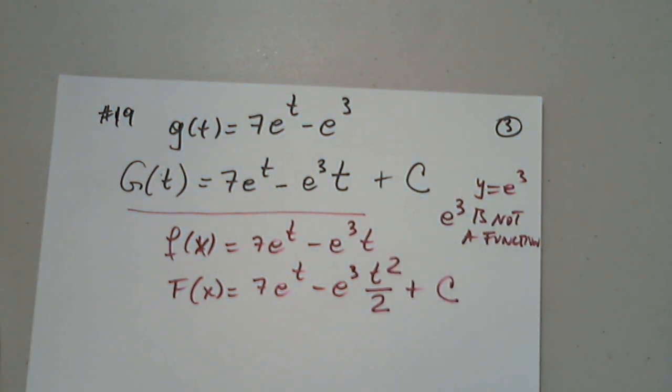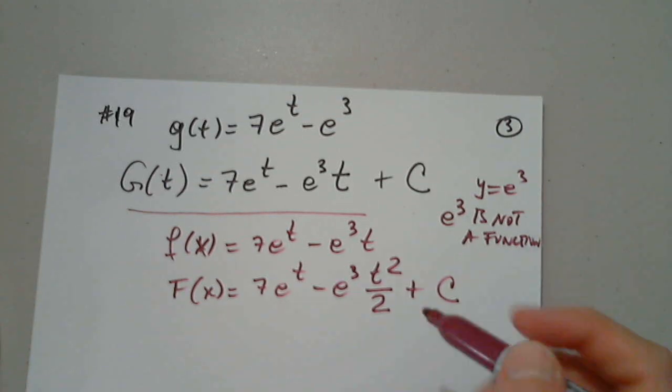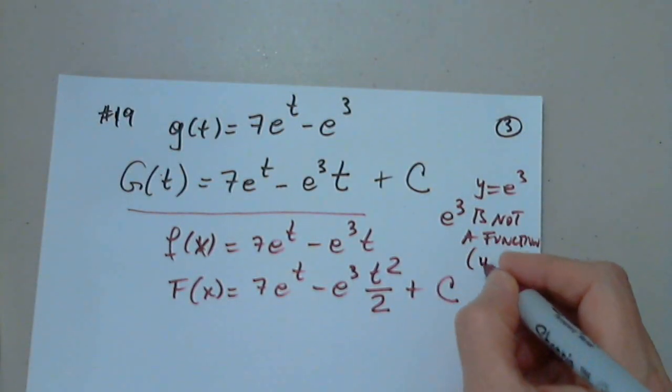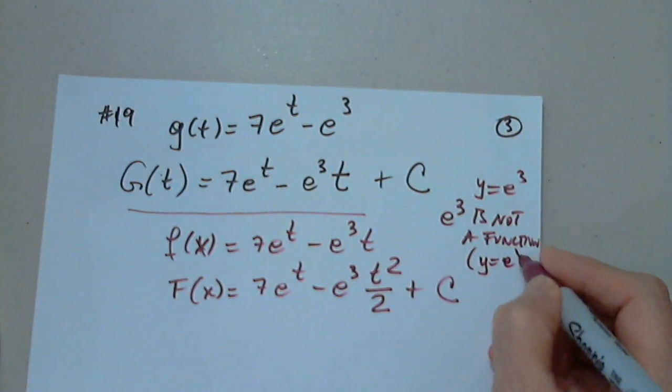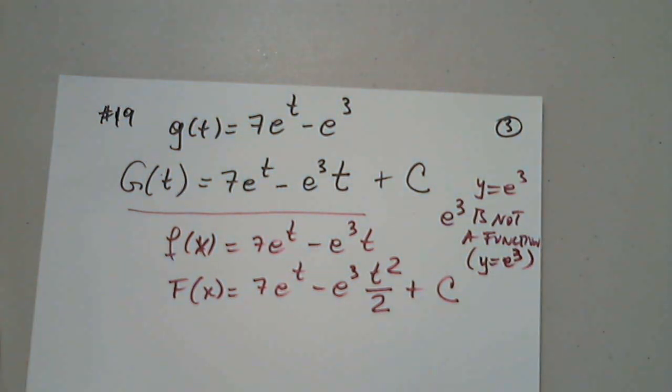Right. That's what I meant. So maybe I shouldn't write "is not a function", but I would write it's just y equals e to the third. So this is a constant. It's a horizontal line. We have to discuss these things, and it takes time because it can get confusing.